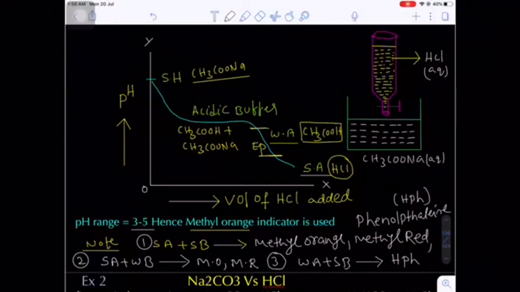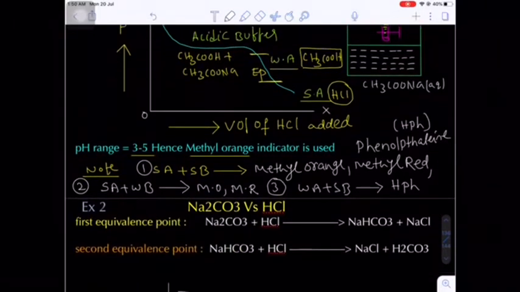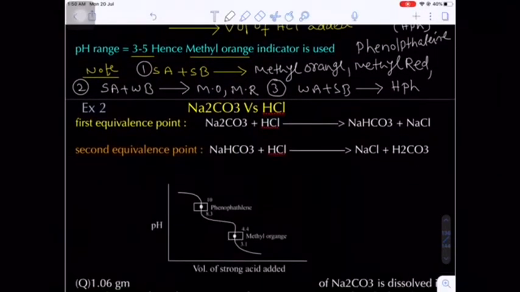We can use the most important indicator, phenolphthalein, HPh. The general formula of phenolphthalein is HPh. Whereas in the fourth titration, weak acid and weak base, there is no suitable indicator. Just now I told you, because there is no sharp change in the pH value at the equivalence point or end point. Are you getting my point?